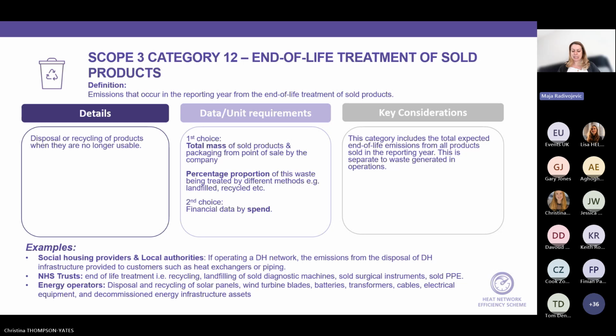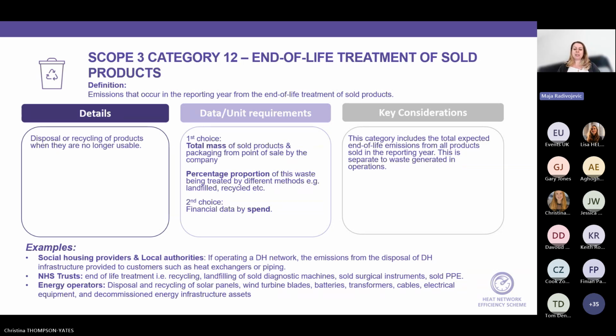Again, if this data is not available, financial spend data can also be used. The key thing to remember is that this category captures the expected end-of-life emissions from sold products, which is separate from waste generated in operations. The two are often confused, which is why it's important to point it out.